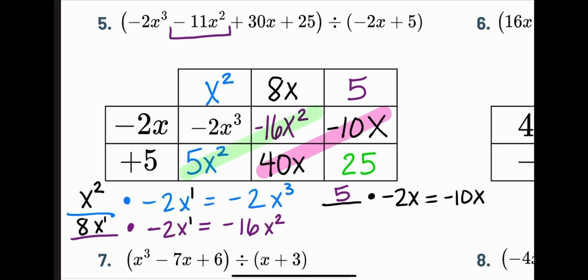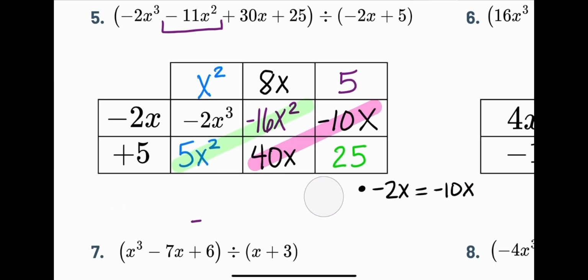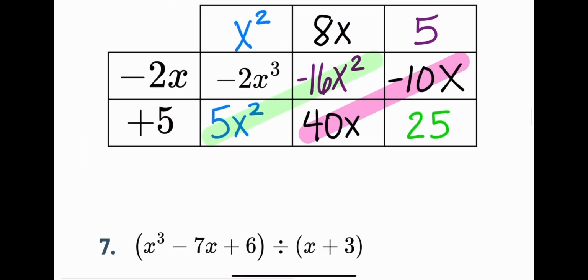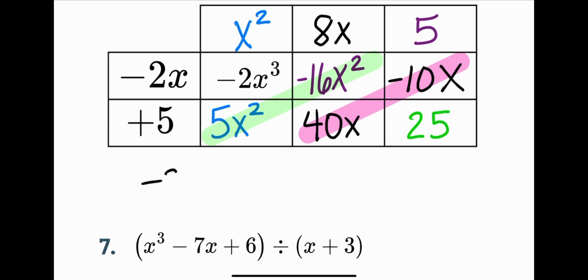So, last thing you want to do to check your answer is go ahead and take everything out of the boxes and make sure you get your dividend. So, in here, we have negative 2x to the third power. Combine like terms. In the green highlighter, we have 5x squared minus 16x squared.